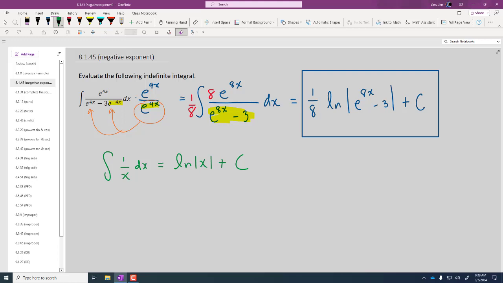Would you need the absolute values on that? Yes, because this function is not restricted to be positive. I mean up top. Up here, yeah. Still do, because zero is a great example. If you plugged in x equals 0, you would have e to the 0, which is 1. 1 minus 3 is negative. And we can't take the log of a negative number.